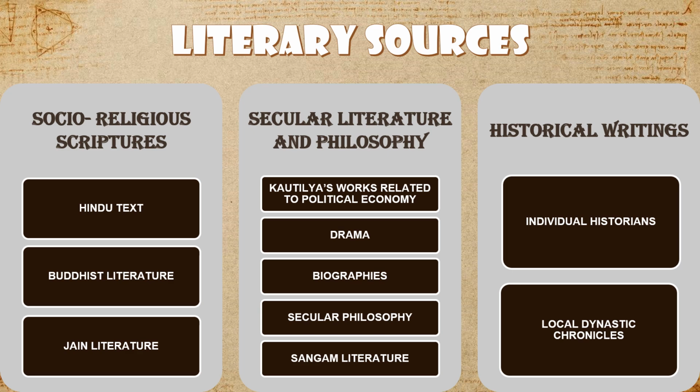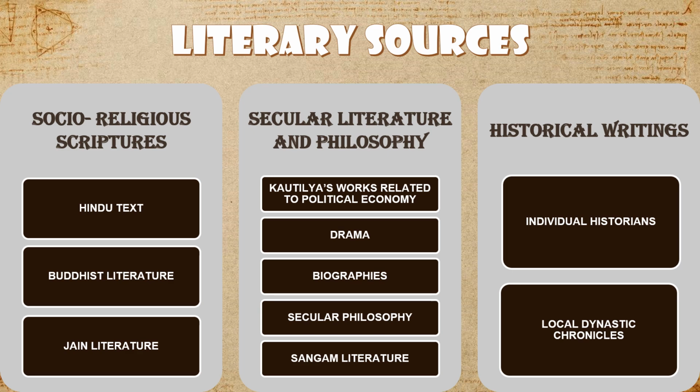This verse was the written record of Kashmir, and this was a very popular individual writing during that period of time. And the next is the local dynastic chronicles. There were many local chronicles which were popular all over India, especially in the northern part. If I talk about Gujarat, there were many chronicles like Rasmala, Samveshwara, Kirti Kaumudi and many more.